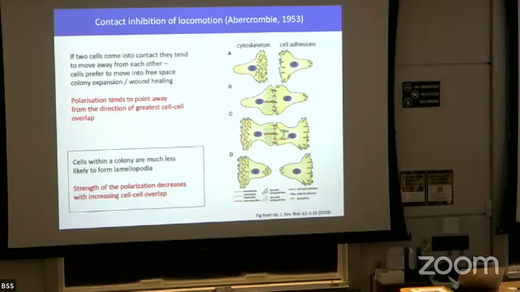And what they say is that colonies of cells don't move in any direction. They do if they have a free edge, but if they haven't got a free edge, they don't set off moving in any direction. And within a colony, the cells don't seem to move very far. This is because they're much less likely to form lamellipodia, and so as you put them together, the strength of any polarization forces decreases.